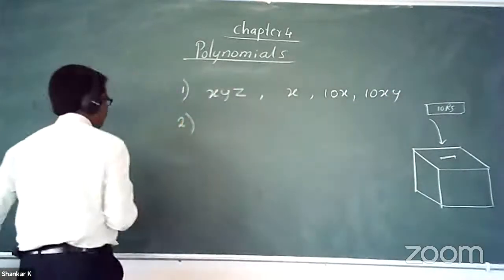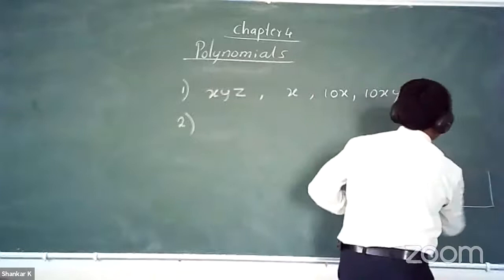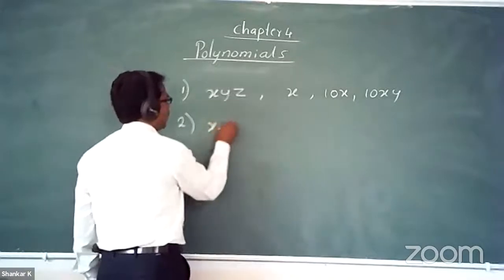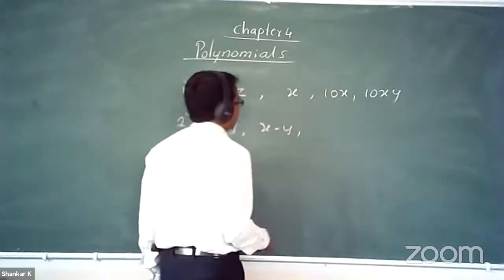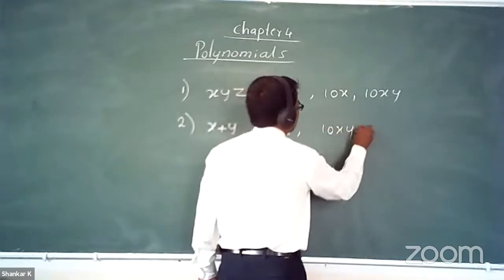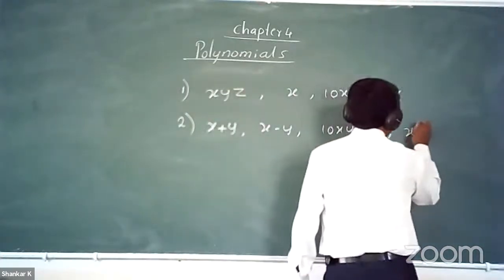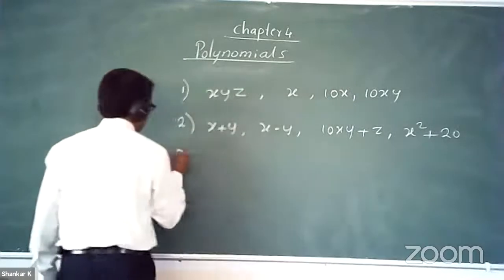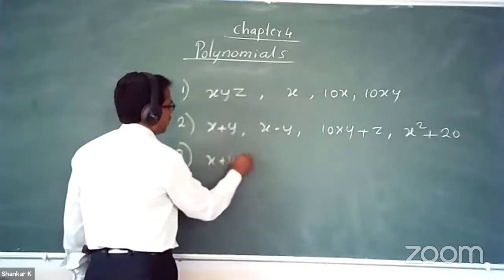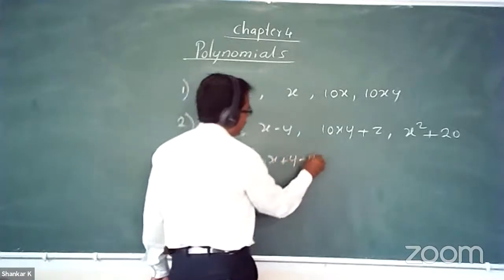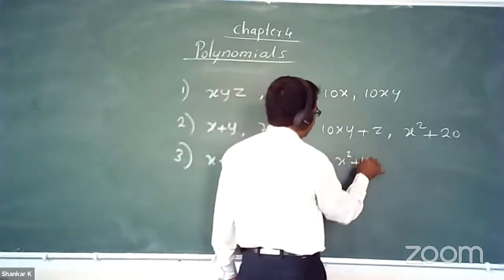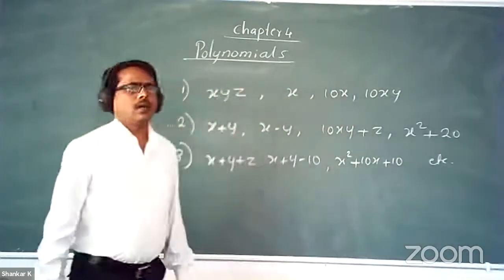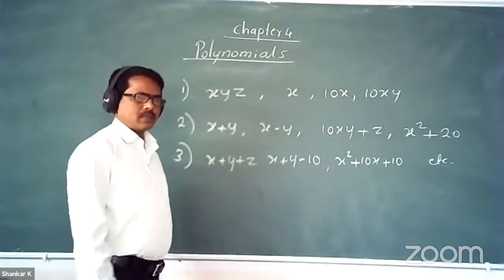Second, x plus y, x minus y, 10xy plus z, or x square plus 20, etc. Third, x plus y plus z, x plus y minus 10, x square plus 10x plus 10, etc. Some examples I have written. These are all algebraic expressions.